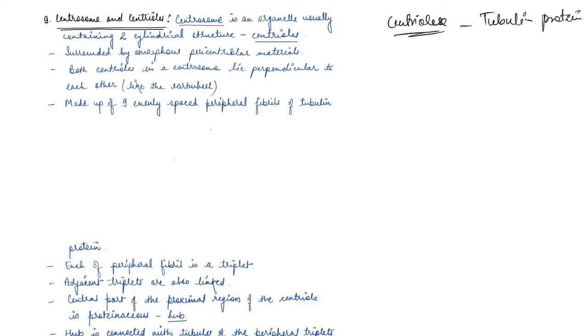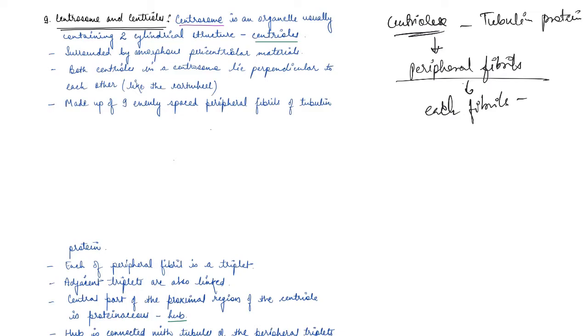Now, each of the peripheral fibrils is a triplet, and the adjacent triplets are linked, right?